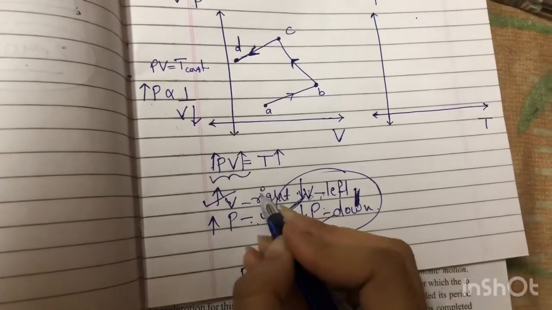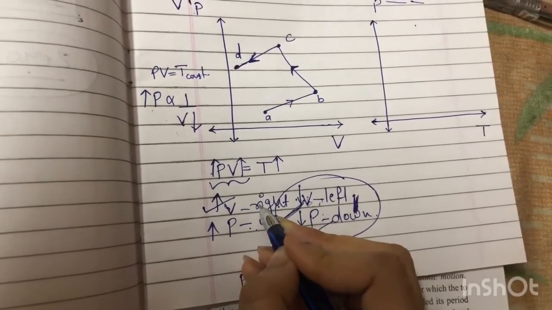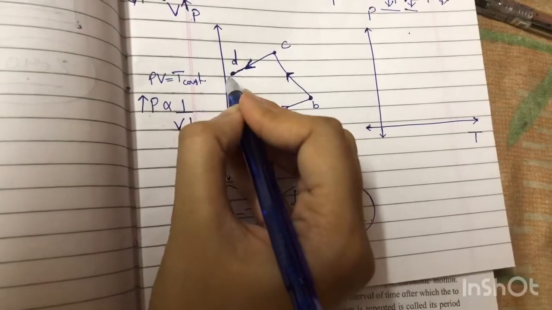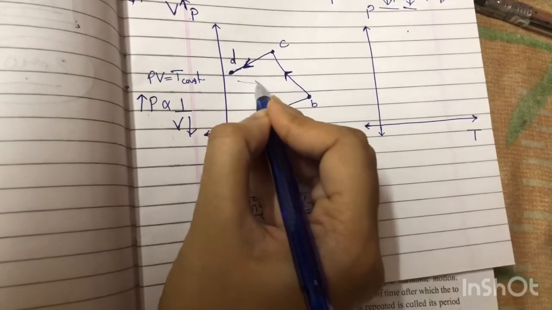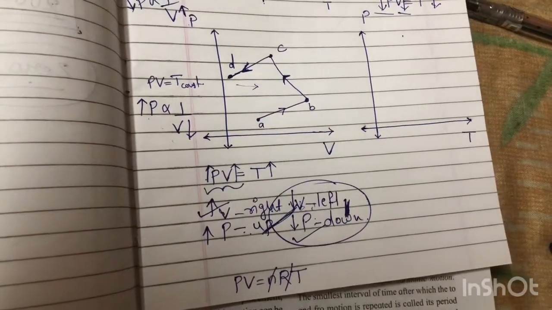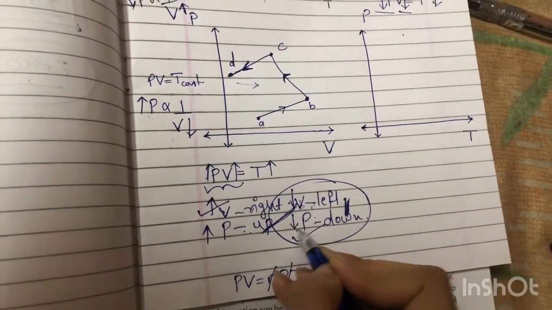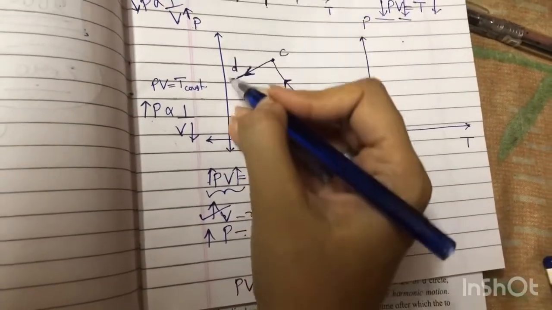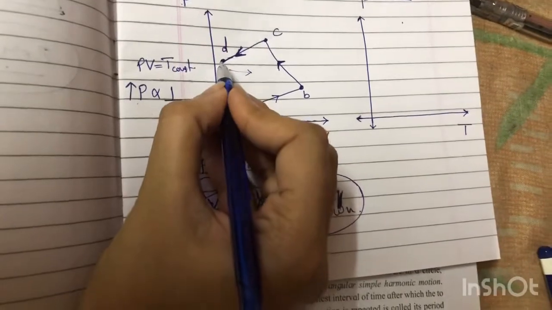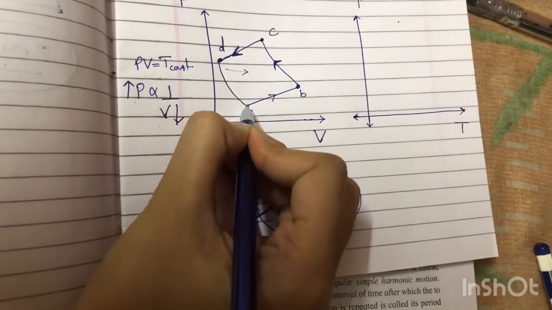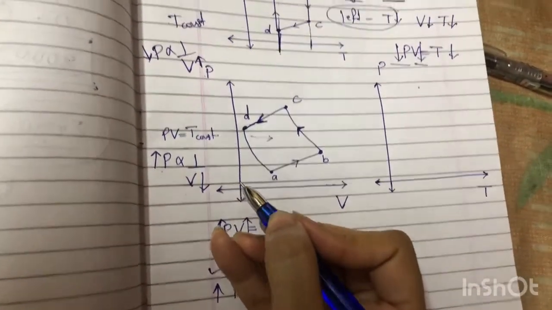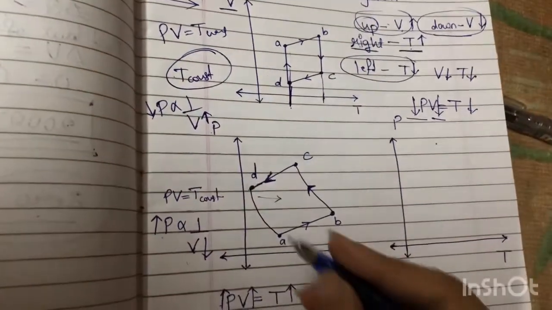This is the case, so the graph will move towards the right for volume, means from D I'll travel towards the right-hand side and downward, not upward, downward. Now see, again I am drawing a curve line, not a straight line, because here it is mentioned that temperature is constant.